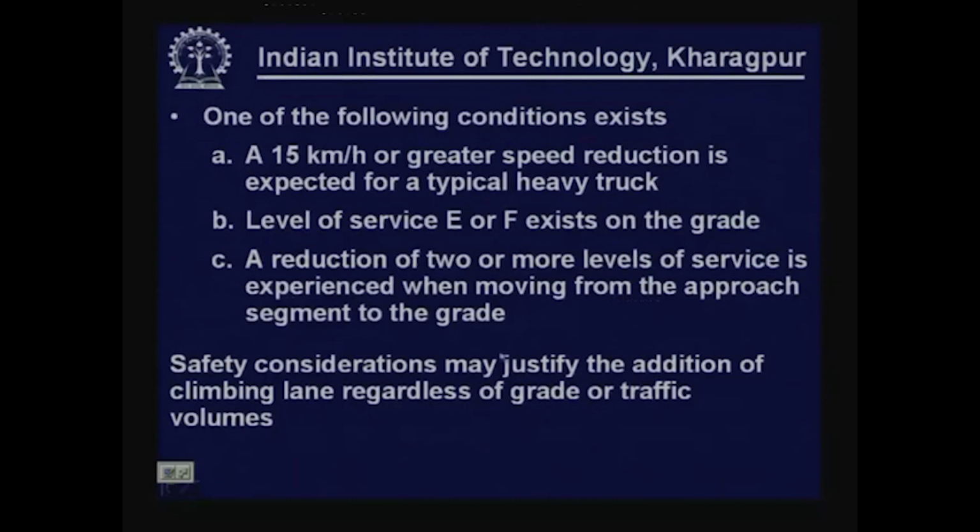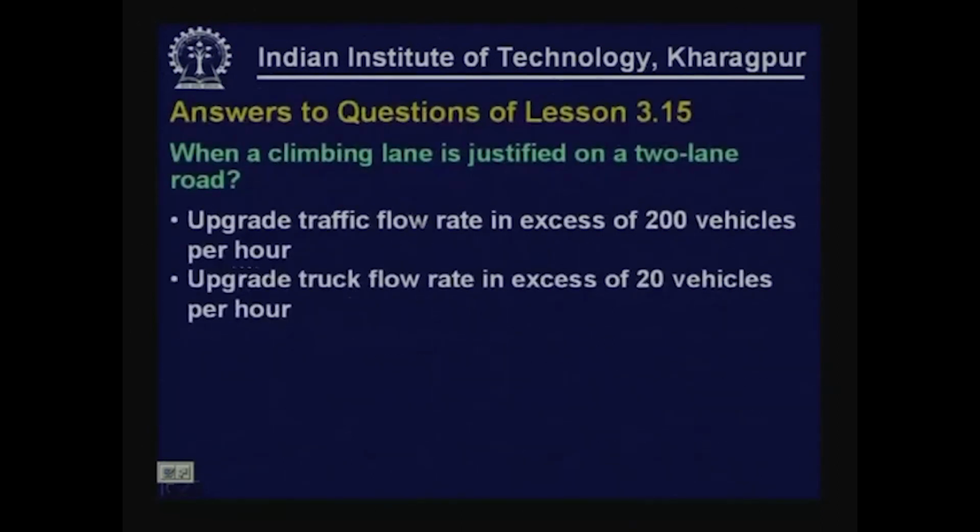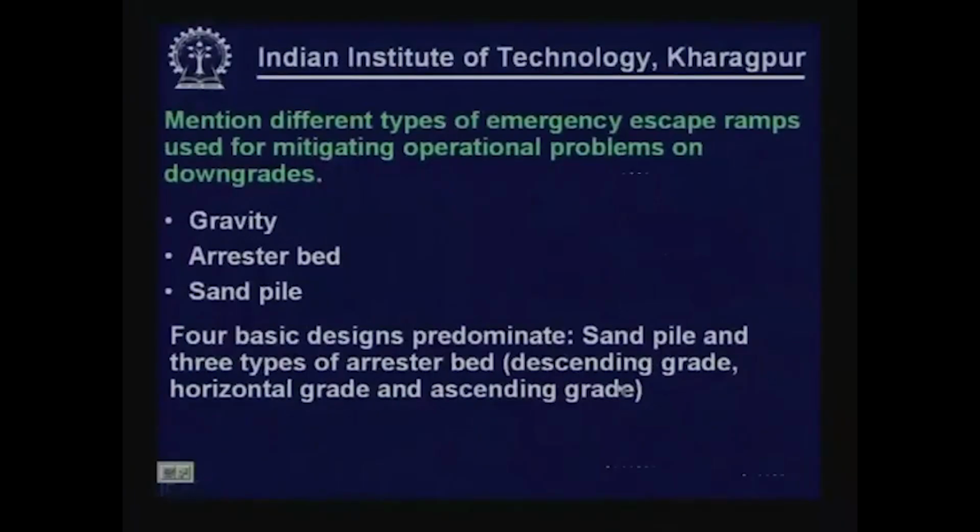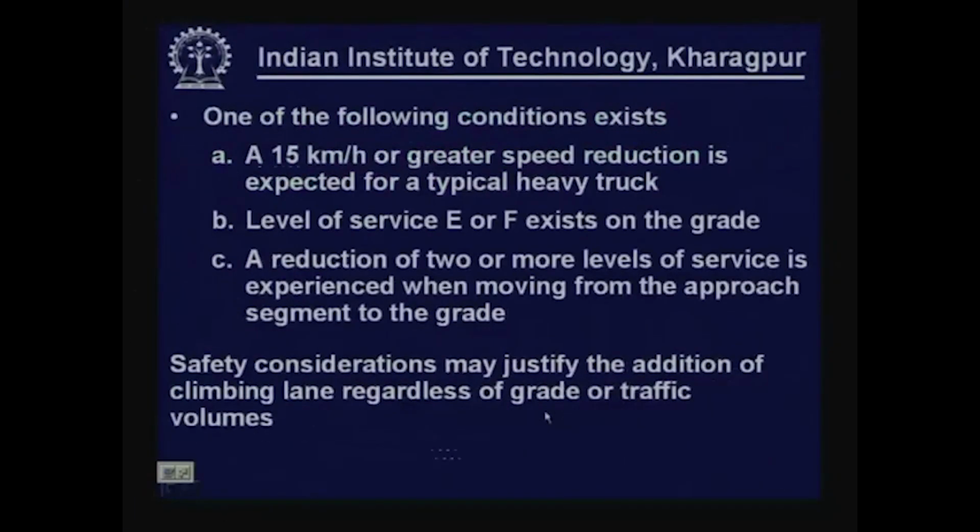So, one of these conditions should exist along with the earlier 2, then you can justify a climbing lane. But I must mention that safety consideration may justify the addition of a climbing lane regardless of grade or traffic volumes. So, if you find a major safety problem, that itself may justify the need for climbing lanes.